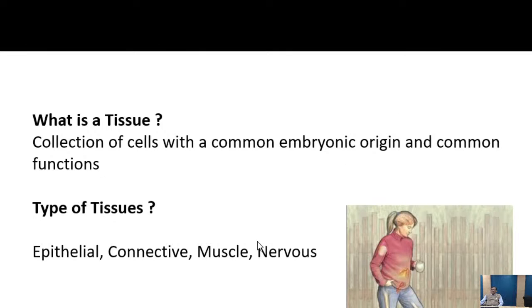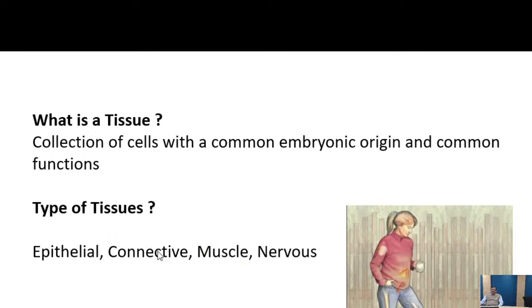Now, when you look at the different types of tissue in the body, we see that there are four types of tissues. There is epithelial tissue, which is covering the surface of the body. There is muscle tissue, which is moving the limbs. There is the nervous tissue, which controls our movements and also senses the environment, and the connective tissue.